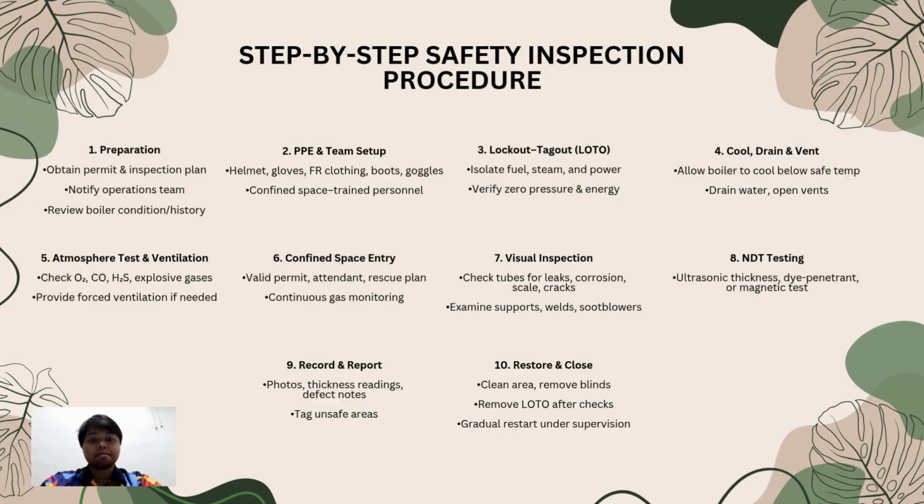Sixth, confined space entry. Valid permit. Attendant and rescue plan. Continuous gas monitoring. Seventh, visual inspection. Check tubes for leaks, corrosion, scale, or cracks.